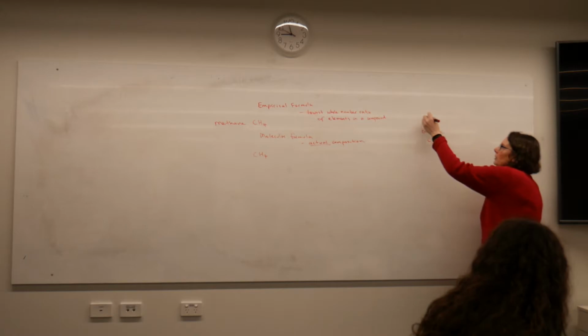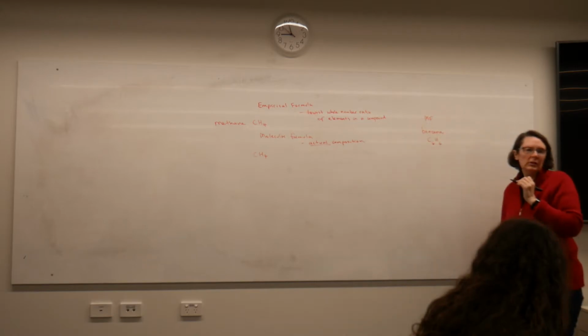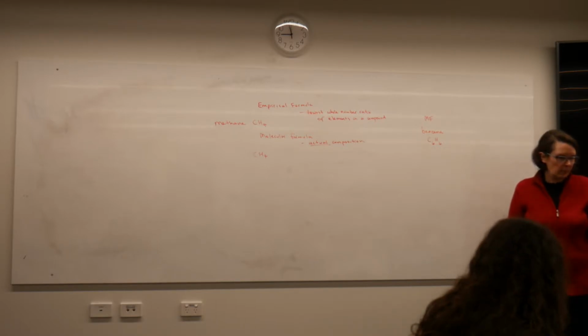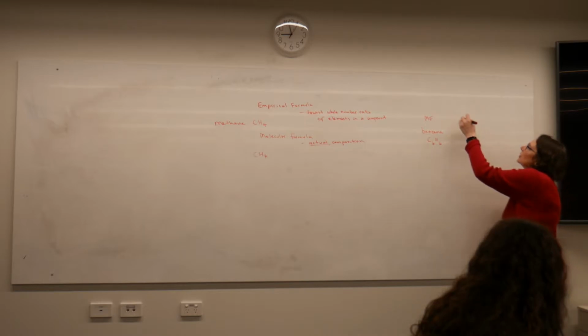The actual molecular formula for benzene is C6H6. But if I were to work out the empirical formula first, what would I come up with for the empirical formula for benzene? CH. Just CH.